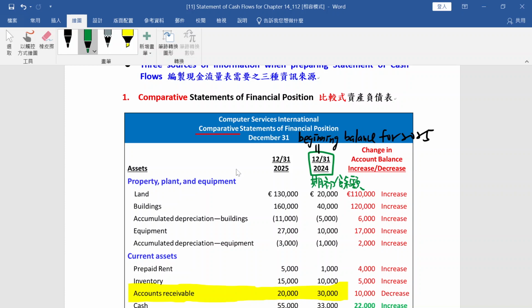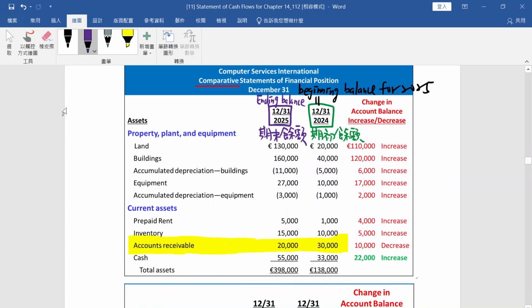Okay. So how about December 31st, 2025, the last day's number, right? So here it tells you the ending balance. 期末余额 Okay.